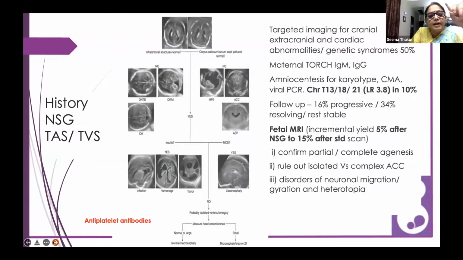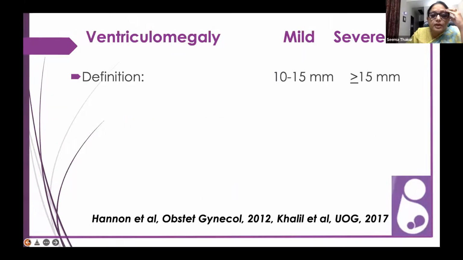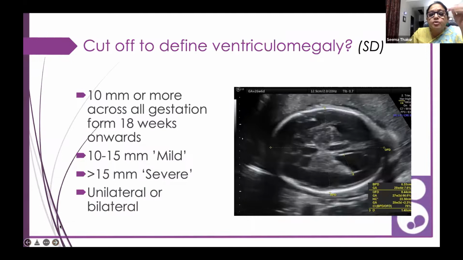Chanchal, I have one question. What about asymmetric ventricles? Should we worry about it, or should we measure both the ventricles? You said that at the glomus you should measure, but should we measure both? It's always a good idea to look at both ventricles because it can be unilateral.